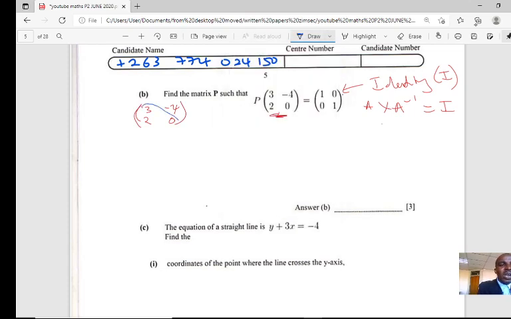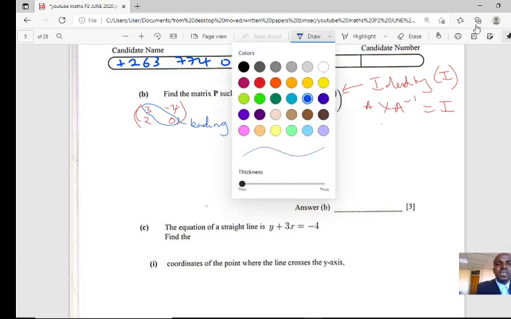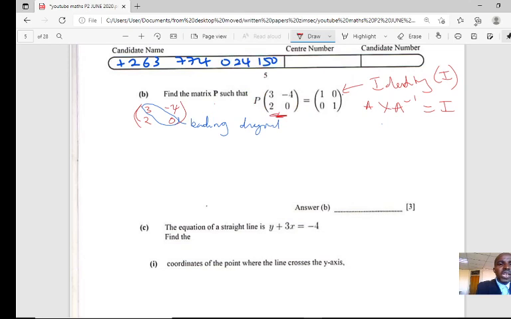Right, we have this diagonal. It's called the leading diagonal. Then this one, with 2 and minus 4, is called the other diagonal.